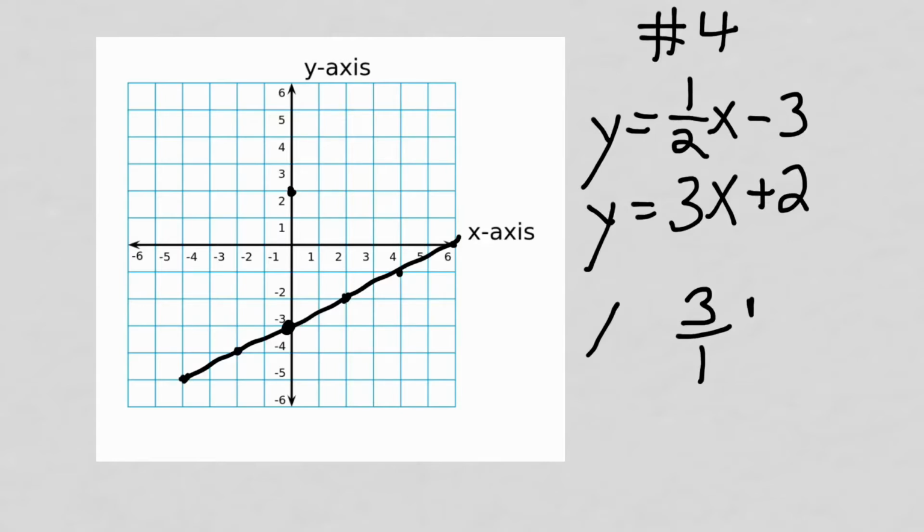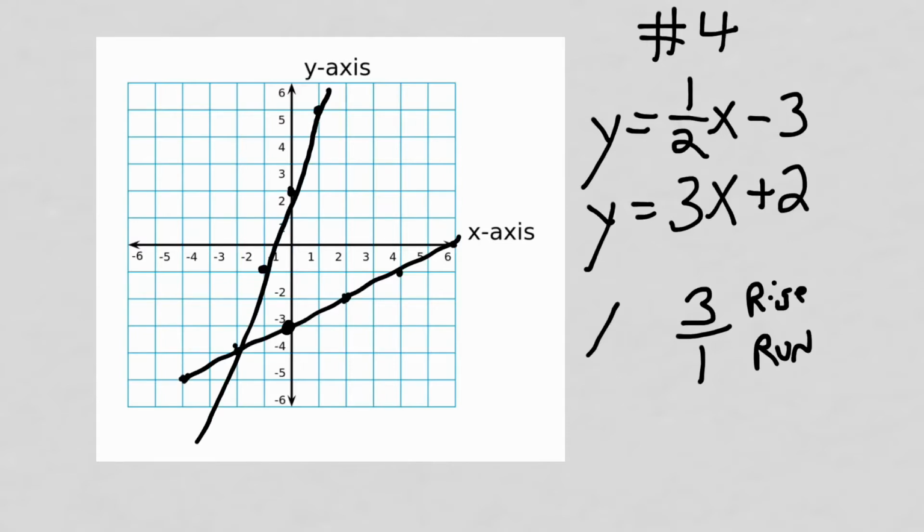That means the 3 is the rise, and the 1 is the run. Up 3 over 1. All right, up 3 over 1 would be there. And this goes in the other direction too. This can go over 1 down 3, over 1 down 3. So you can see where the point of intersection is.